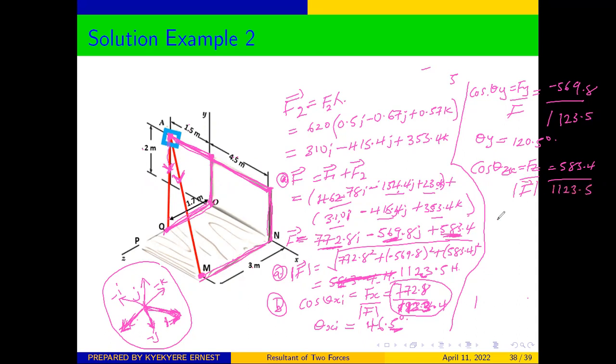And then when you do that computation, our theta z should give us 58.7 degrees. And that is pretty simple. We have gotten our resultant force and the angles the resultant force makes with the x-axis, the y-axis, and the z-axis.